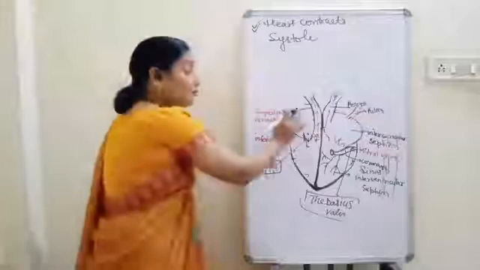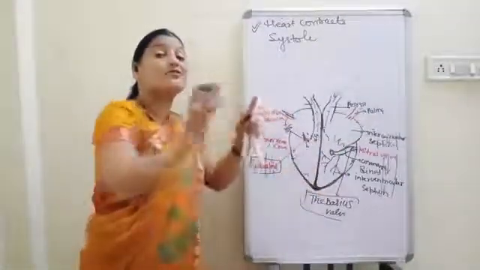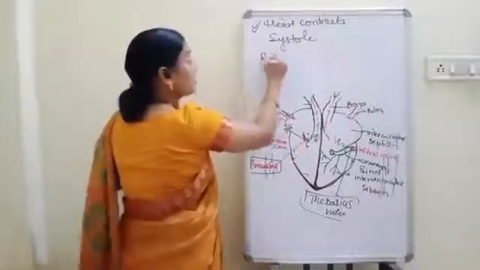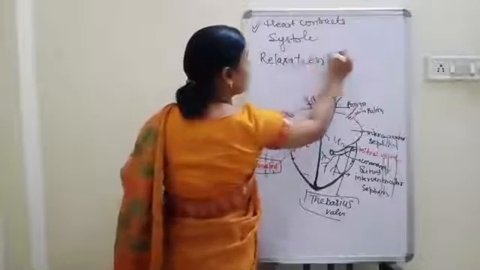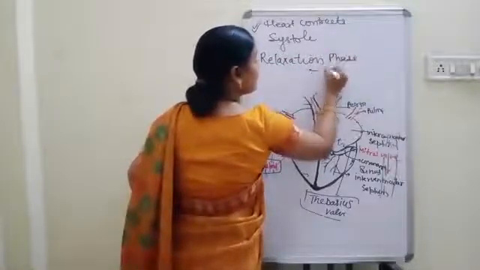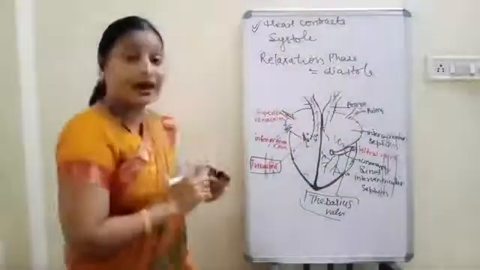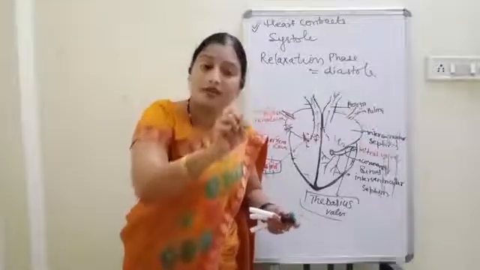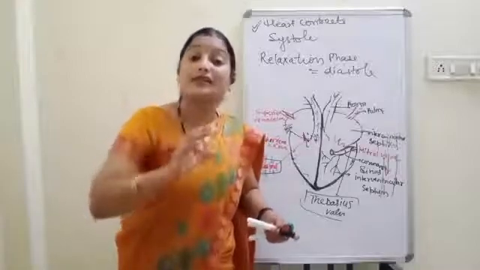And all four chambers will relax all together. And that relaxation phase is called diastole. And our heart, because of the contraction and relaxation, will beat rhythmically.